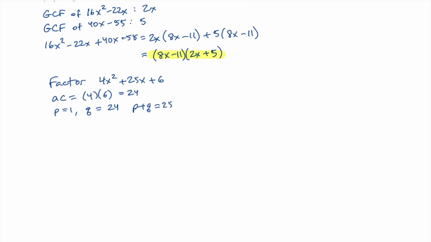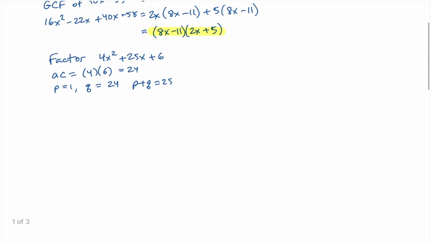So let's rewrite it. We've got 4x squared plus px, so p is 1, plus x, plus qx, so plus 24x plus 6. We need the greatest common factor of 4x squared plus x.